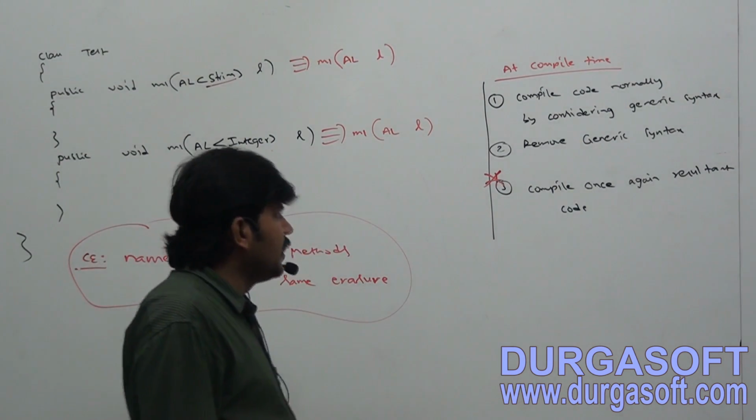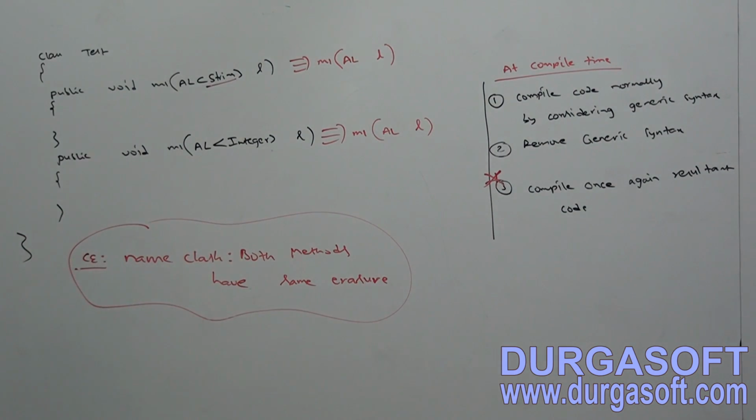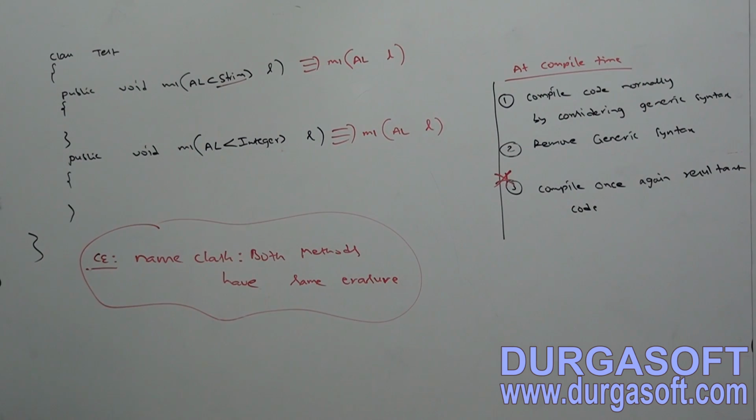Compile code normally by considering generic syntax. Next, remove generic syntax. Next, compile the resultant code once again. Clear, I hope. Completed, right?